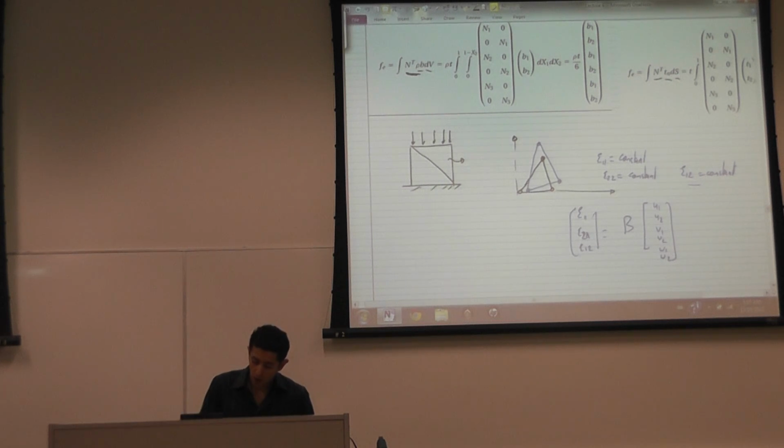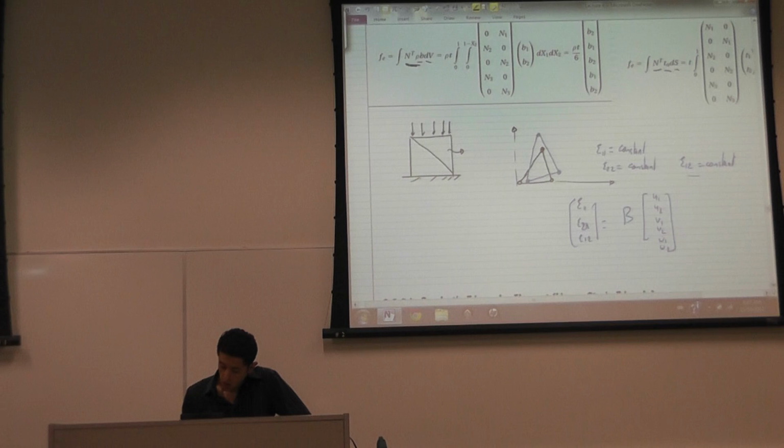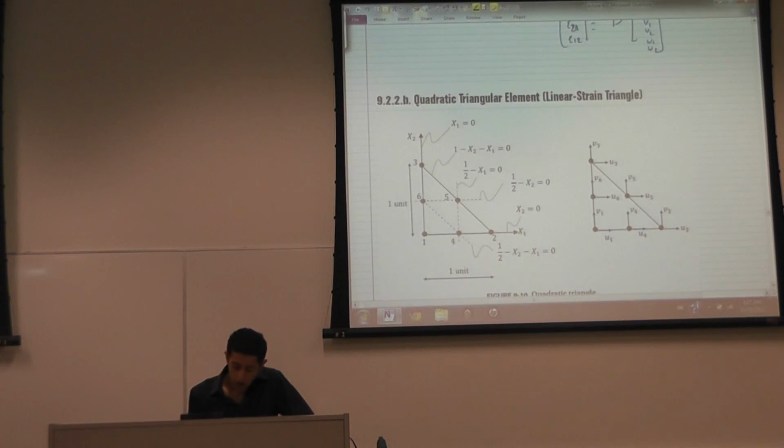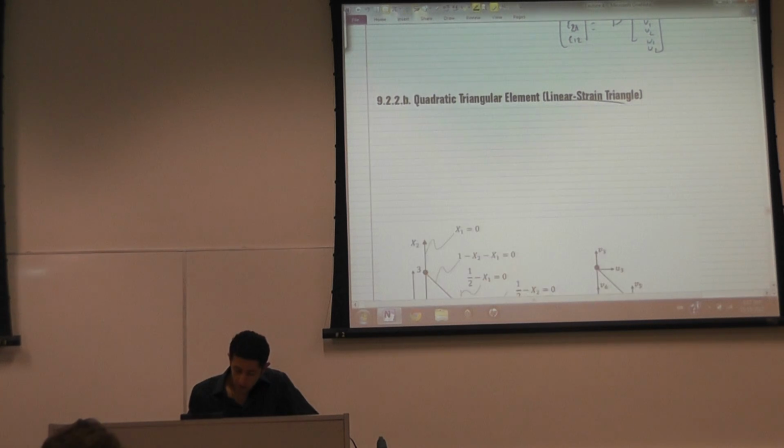So the next element that we are going to study is the higher-order version of this element. It is called the linear strain triangle, and as the name implies, it is able to model a linear strain. So how can this element deform, or how many nodes does it have? This is the constant strain triangle.